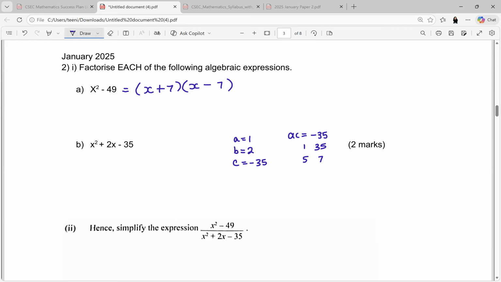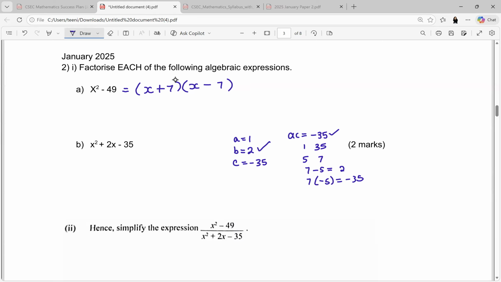Clearly, of these two pairs, the only one that could give me 2 would be 5 and 7, right? In terms of the signs, it would have to be 7 take away 5, since 7 take away 5 is 2, and 7 times negative 5 is negative 35, right?